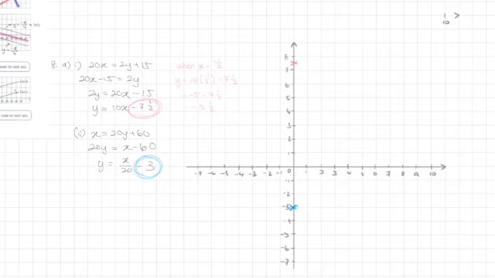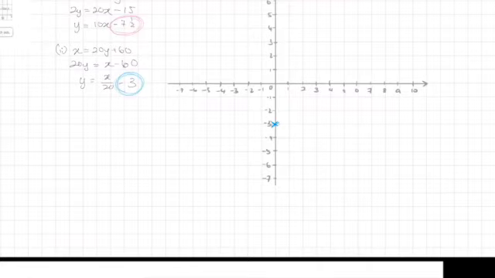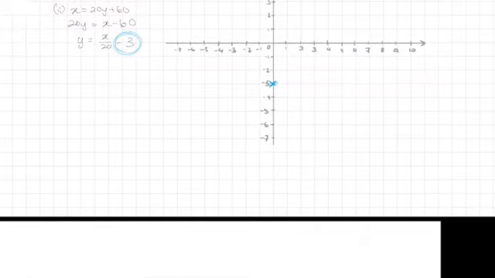Oh, I drew wrongly. Sorry. It's supposed to be negative 7.5. Here is here. So I think can now.